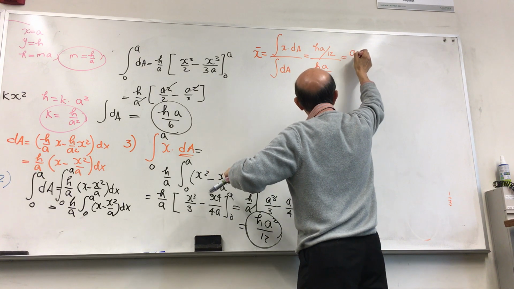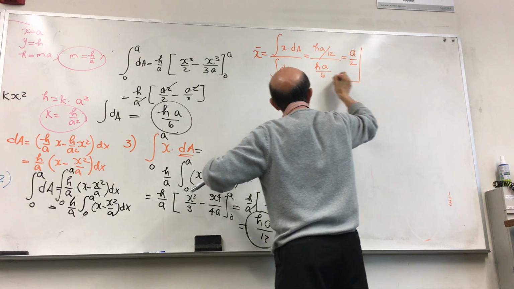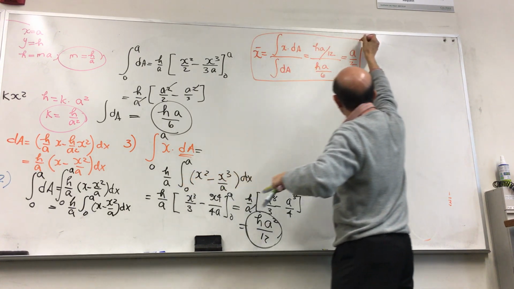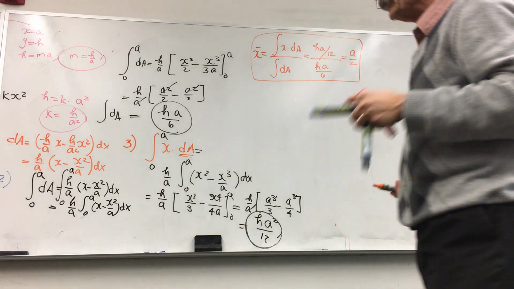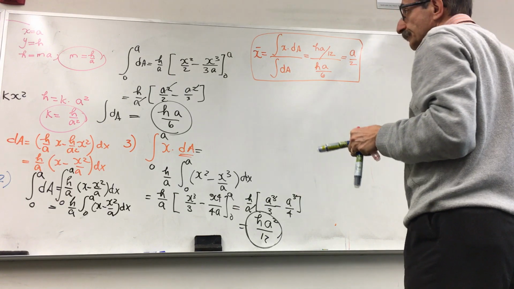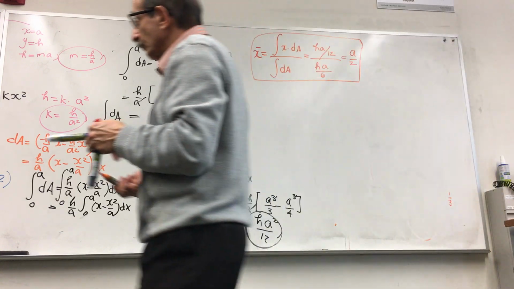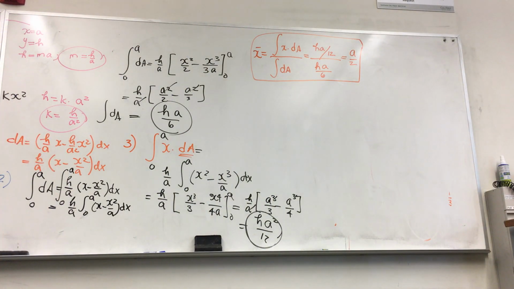So it would be simply a over 2. Okay? So that's x bar, which means that wherever this centroid is located, it is along a line that is halfway here.